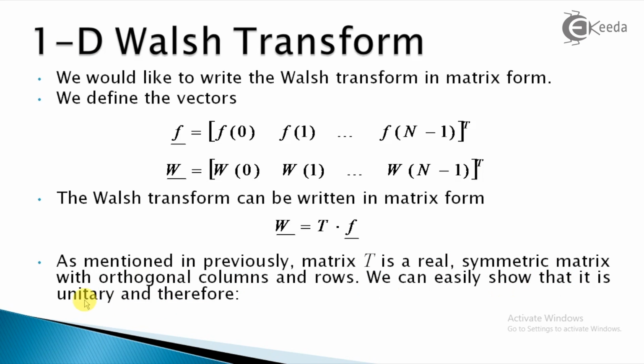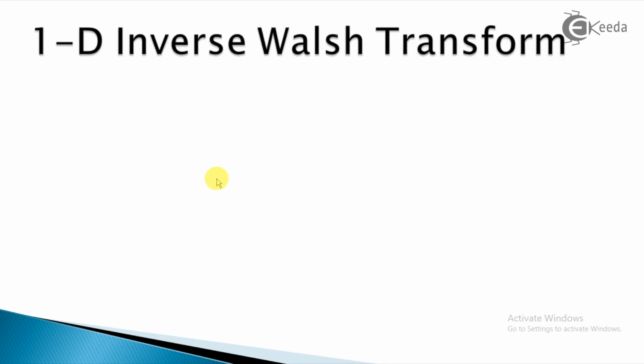For the unitary case, the transformation matrix multiplied by its transpose gives the identity matrix. So T inverse is equal to n into T transpose, equal to n into T, where n is the size of the signal under consideration. This was for the one-dimensional Walsh transform.